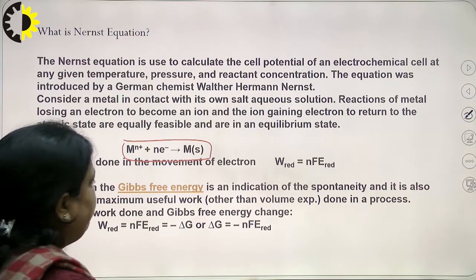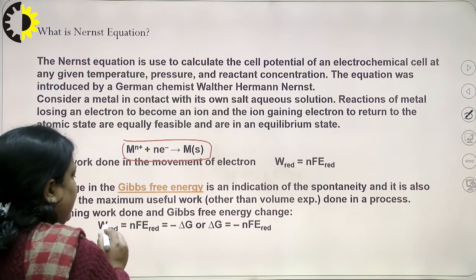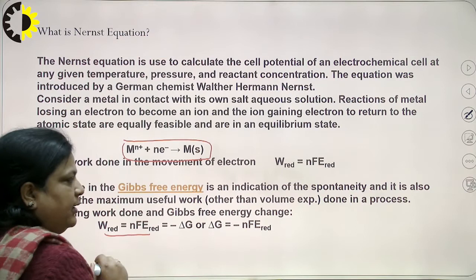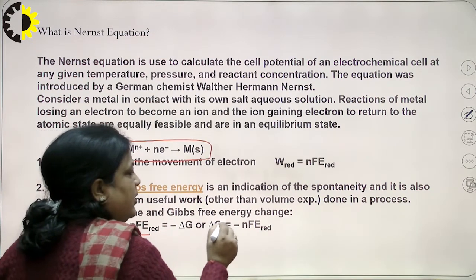Combining the work done and the Gibbs free energy, we can say that W is equal to nFE and delta G is equal to minus nFE.